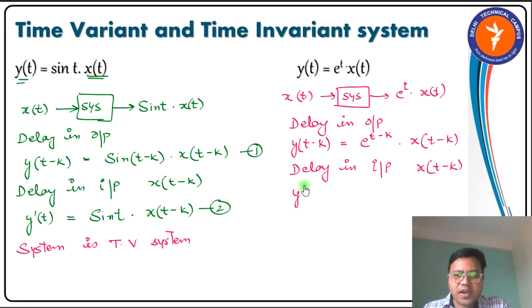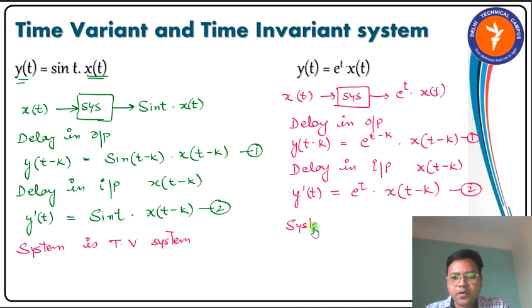So the delayed output is e raised to power t times x of t minus k. Say this is my first equation, say this is my second equation, and on comparing these two equations I can see these two things are different, hence the system is time variant system.